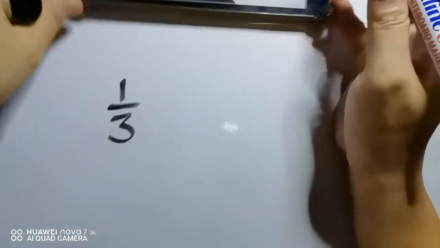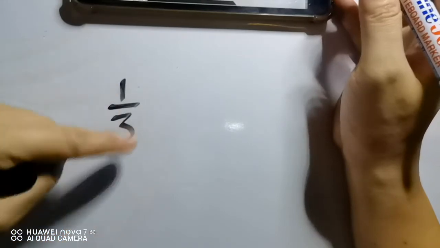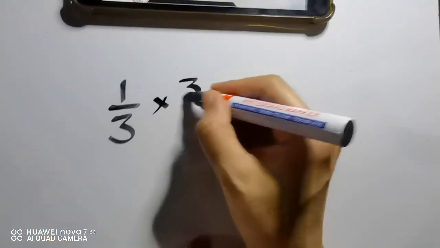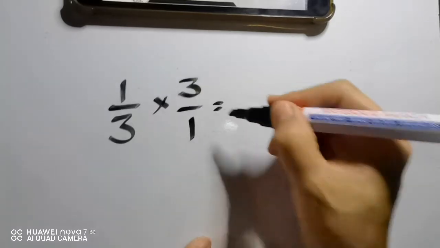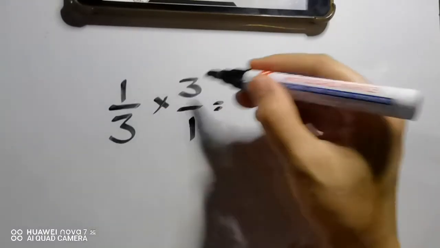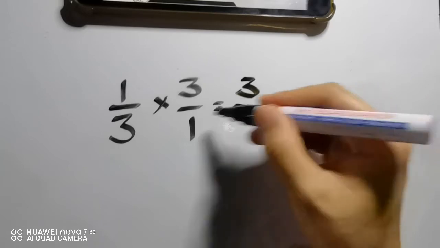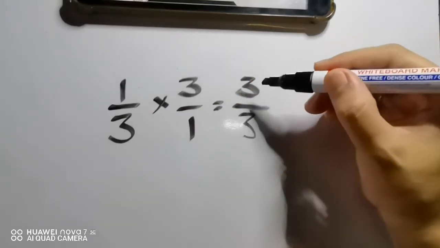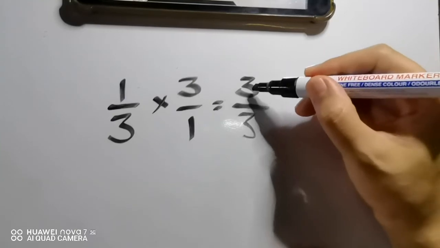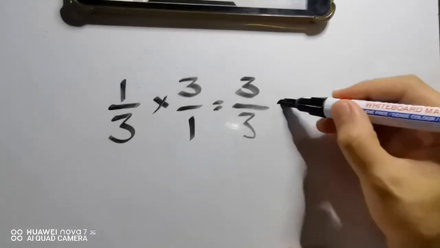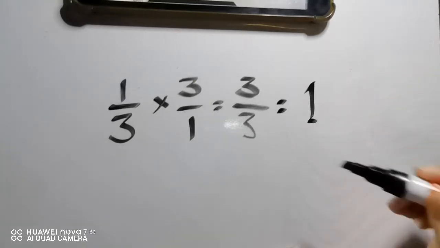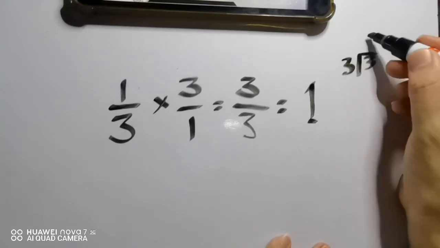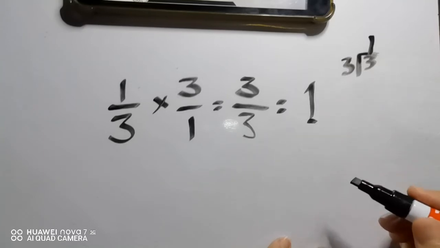So, i-multiply daw natin, yung given number, sa kanyang reciprocal. So, times 3/1. Kapag multiply mo yan, 1 times 3, 3, 3 times 1, 3. Any number or any fraction na pareho ang numerator at denominator, that is equivalent to 1. Kahit i-divide mo yan, 3 divided by 3, 1.